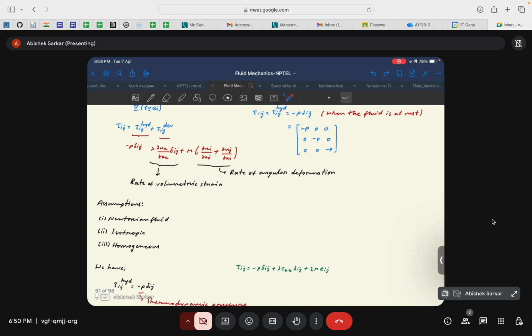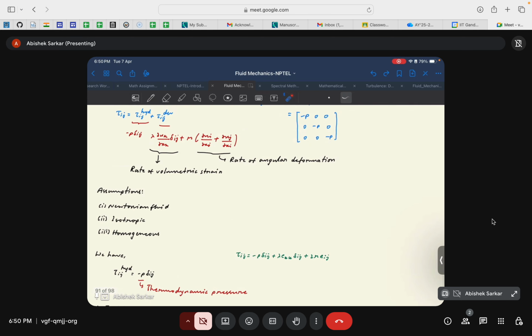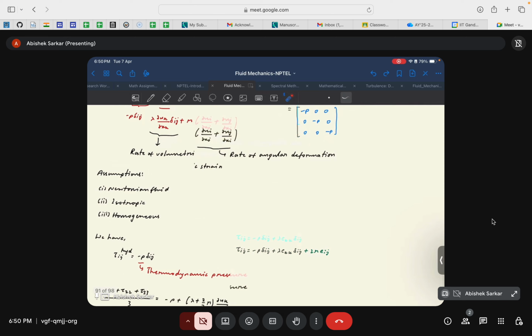So if you just take the normal components of this entire stress tensor, that is tau 11 plus tau 22 plus tau 33, and divide it by 3, what you will get is this. If you simplify it, I won't go through the steps, but if you take only the normal stress components of this entire stress tensor, you will end up with something like this.